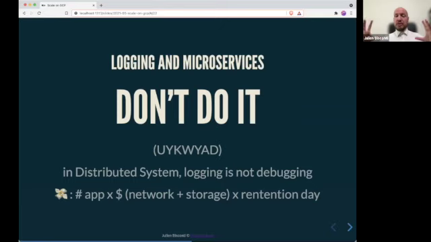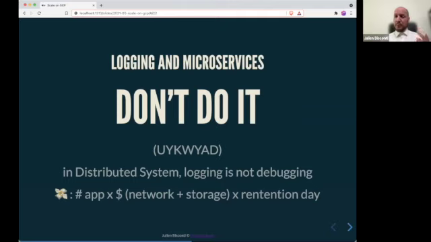So if you have a microservice architecture and you use logging as debugging, the cost of all those files and data to store and be queried is going to kill you way before any technical limitation occurs.